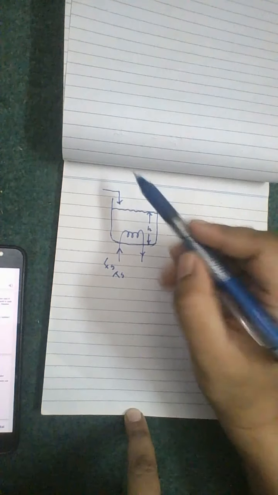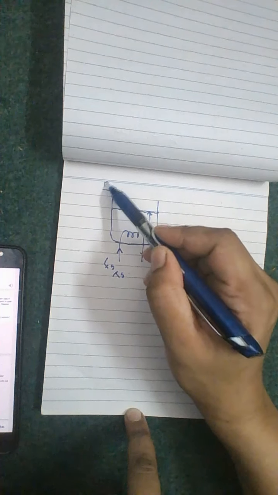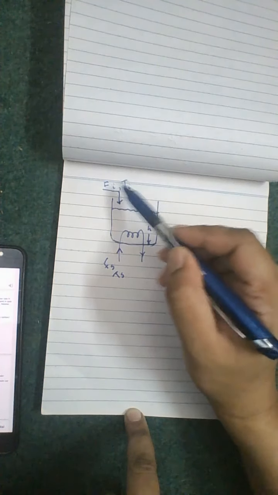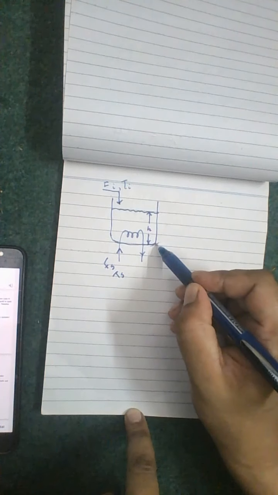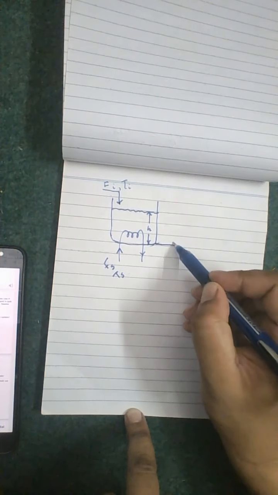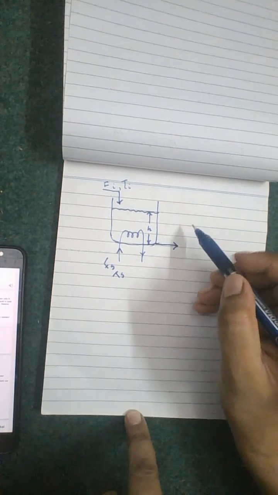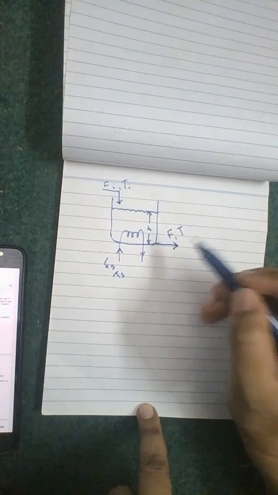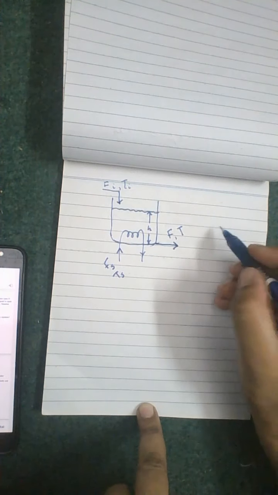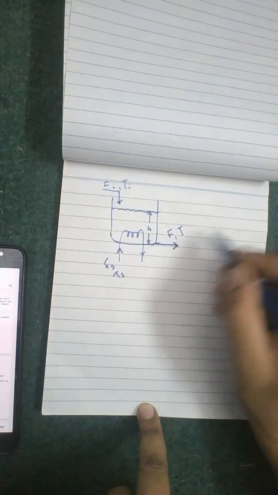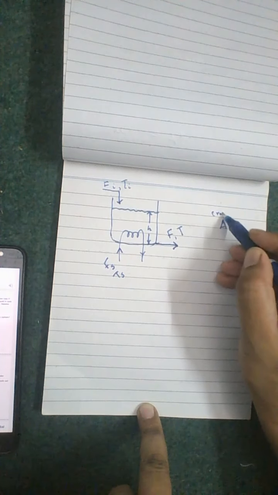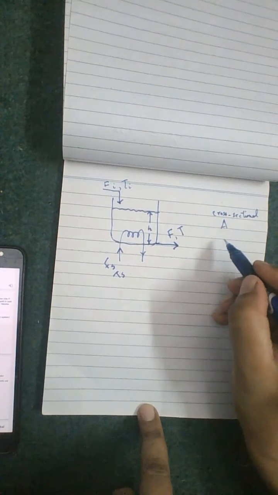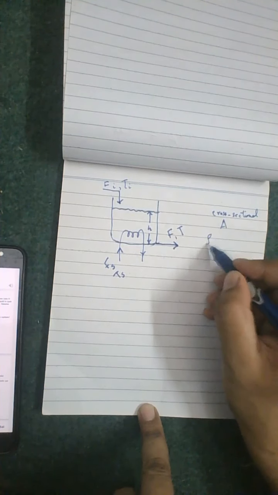A variable flow rate Fi, with a specific temperature Ti, of the liquid is entering the system and leaving from the base of this tank with a flow rate F and temperature T. Let's suppose the cross-sectional area of this tank is A. This is its cross-sectional area, and the density of the liquid is constant.